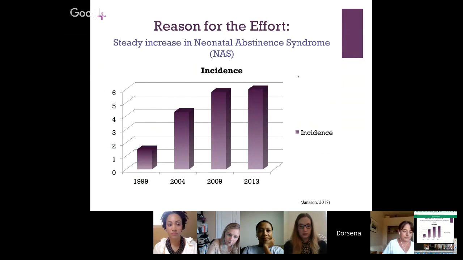In addition to the increase in neonatal morbidity and mortality, this has significantly increased the number of neonates admitted to the NICU. As you can see, the incidence in infants born with NAS from 1999 till 2013 has increased quite a bit. Currently, it's now 6 per 1,000.